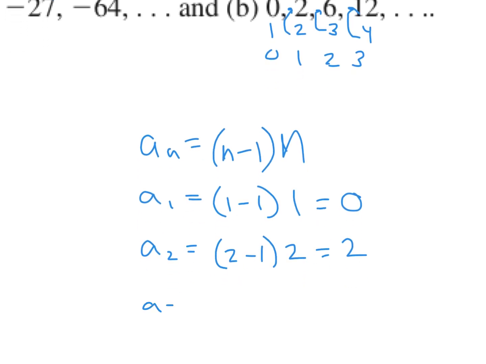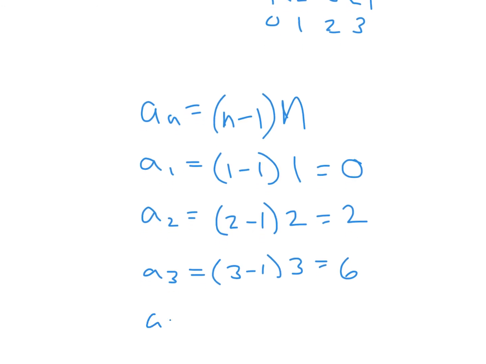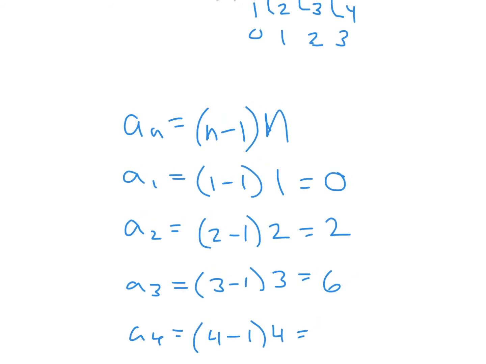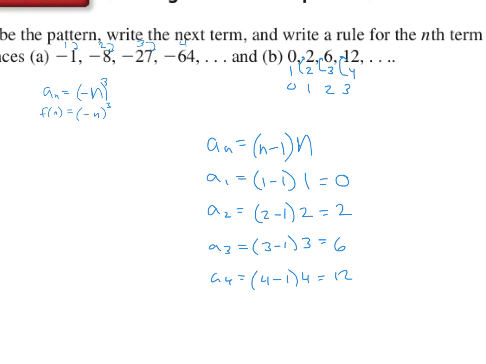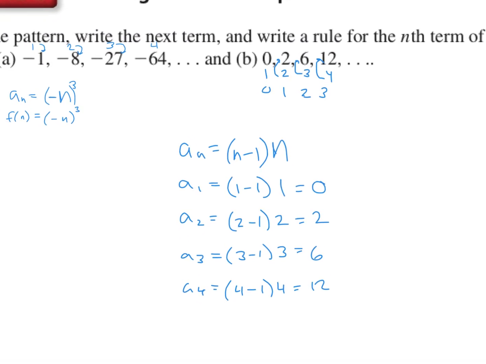If we plugged in a sub 3, we get 3 minus 1 times 3, which is 6. A sub 4: 4 minus 1 times 4, which is 12. So yeah, makes sense. And for these problems, we also have to write the next term.